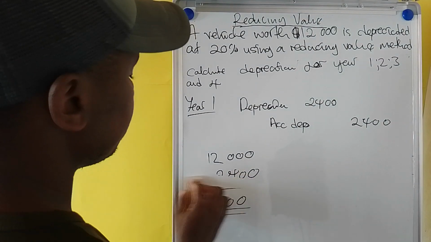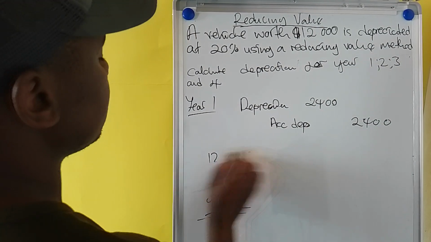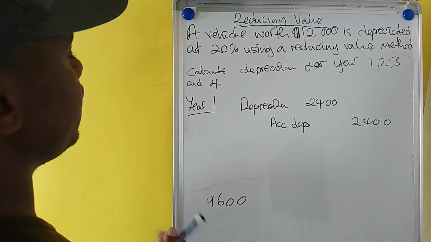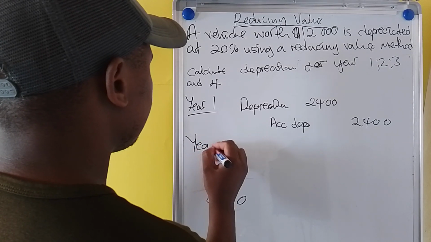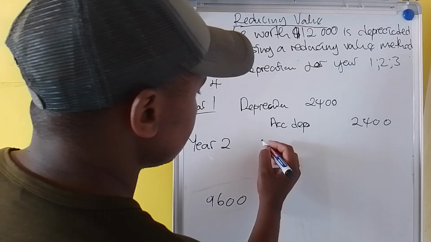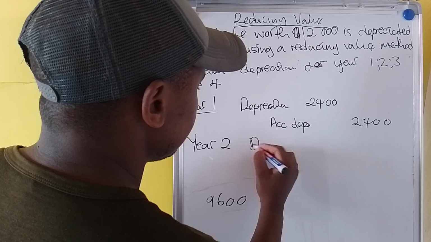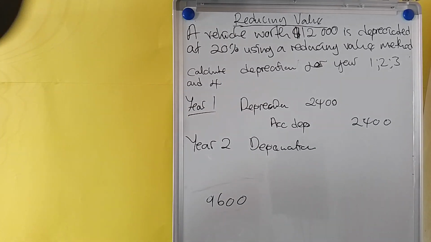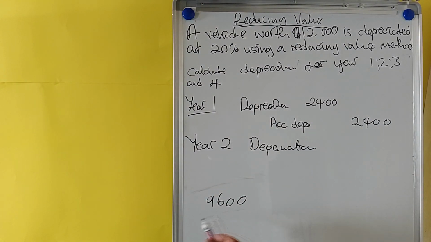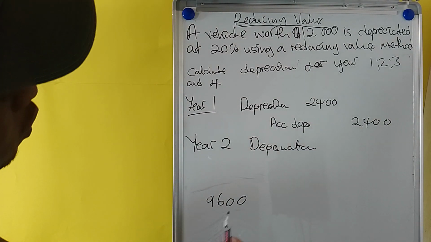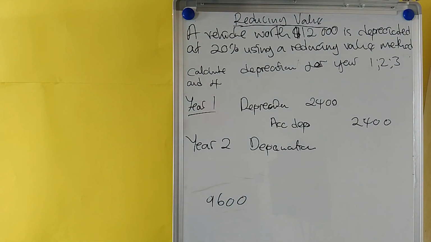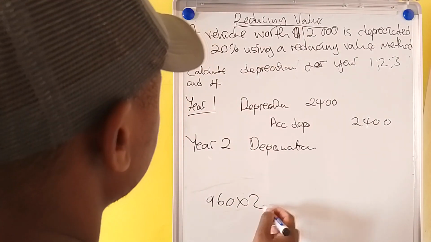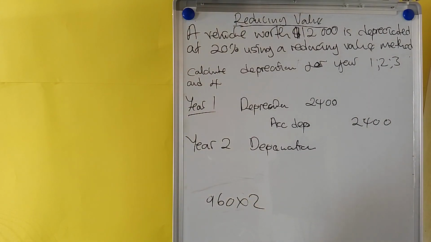So now we use our figure of 9,600 to calculate depreciation for the second year: it will be 20% of 9,600.